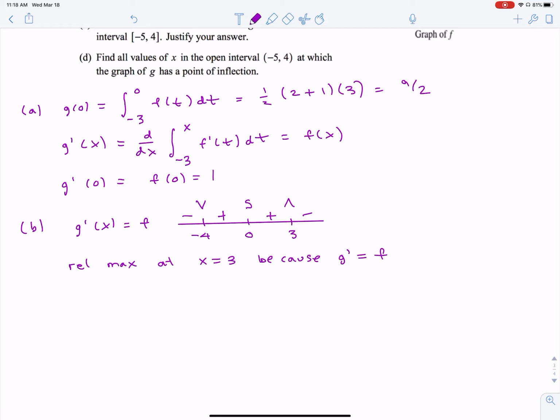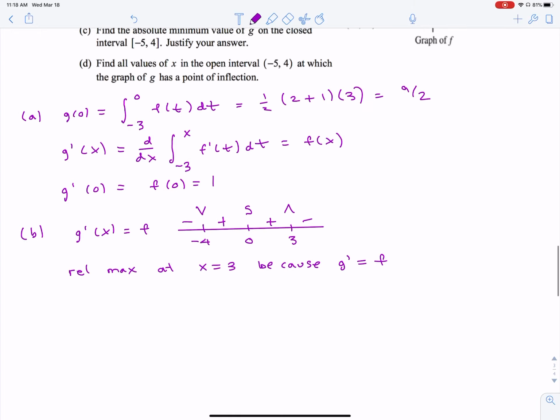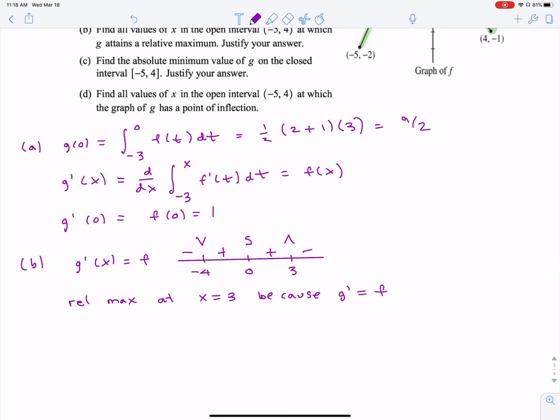So here's how I know, I'm talking about g right now. They're asking questions about g. So how do I know? I say, look, when I want to look at g, I'm going to look at the derivative of g, and the derivative of g equals f. So now I'm looking at f. We're talking about g, but I'm pointing to f to do my justification.